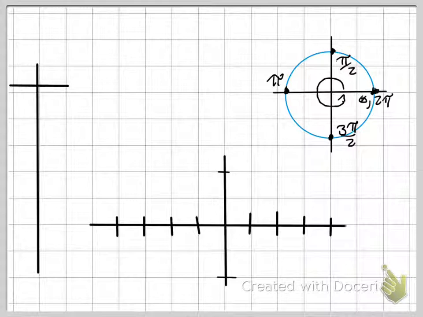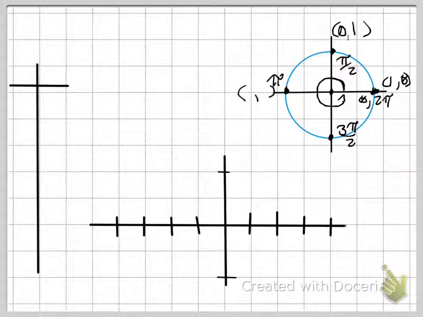So at each one of these points, there is an ordered pair. If this is my origin, the distance from the center of the circle here was 1, 0. Going around here at the very top, the coordinates at that point, we're going 0 on the x-axis, but we're going up positive 1.